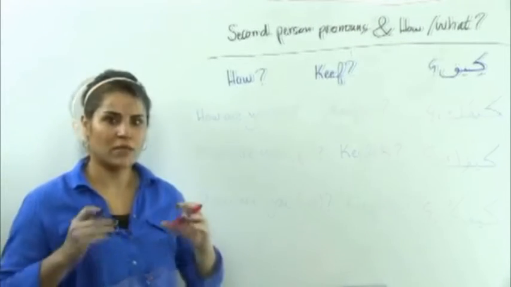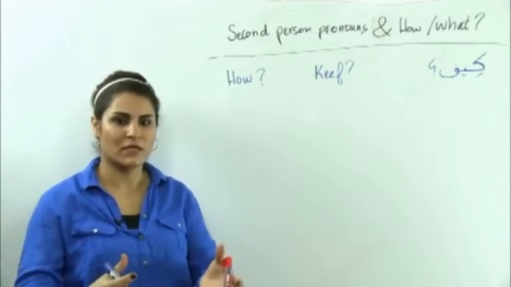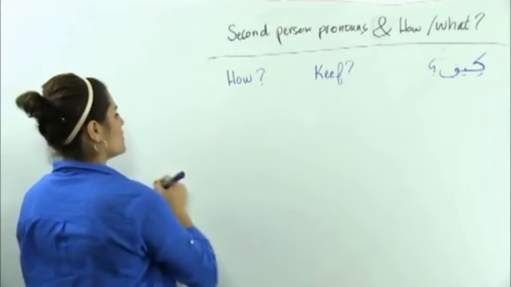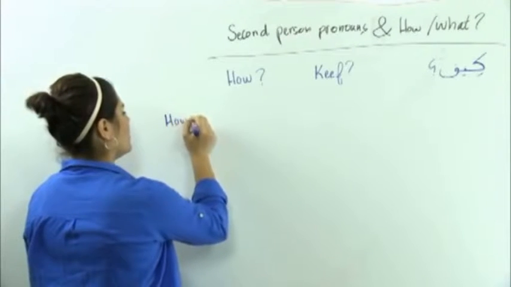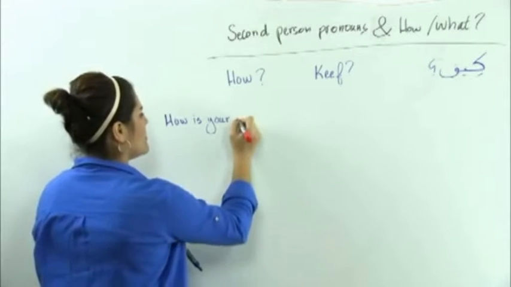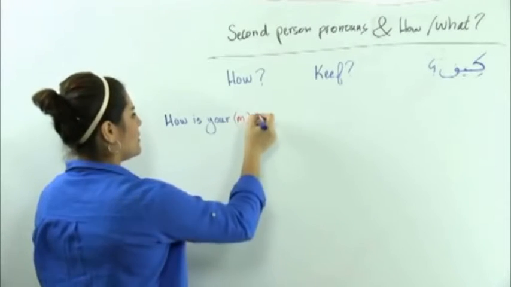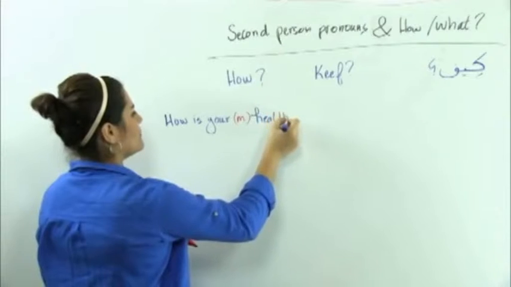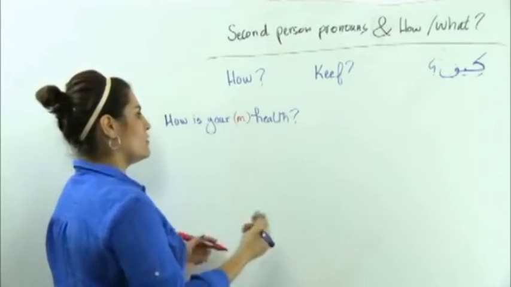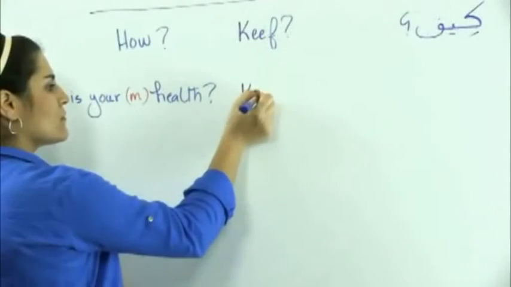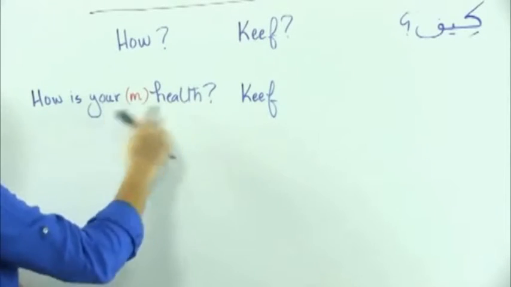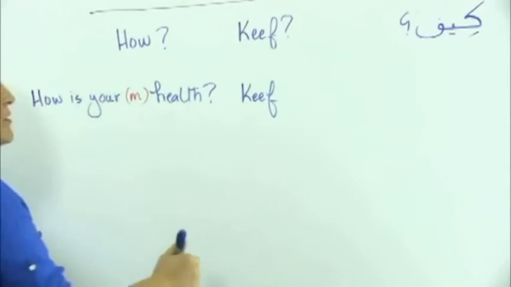Okay. Now we move from how are you directly to how is your health. So we're going to use the question how. How is your health, I'm talking to a man, masculine. In order to say this in Arabic, we say the question كيف by itself, and then your health together.